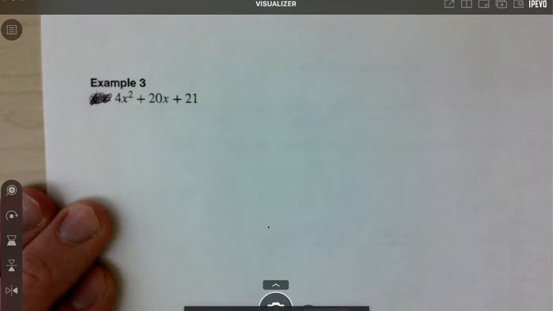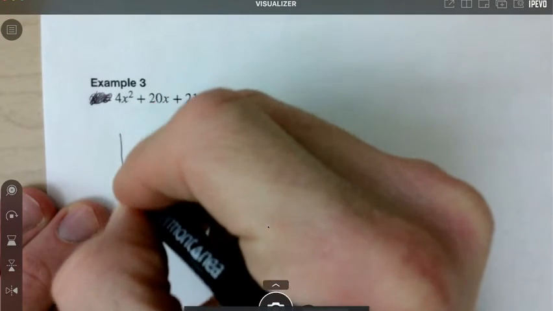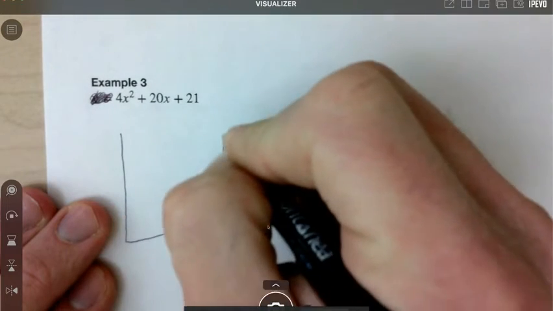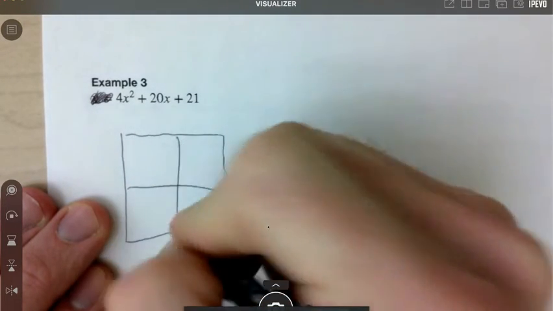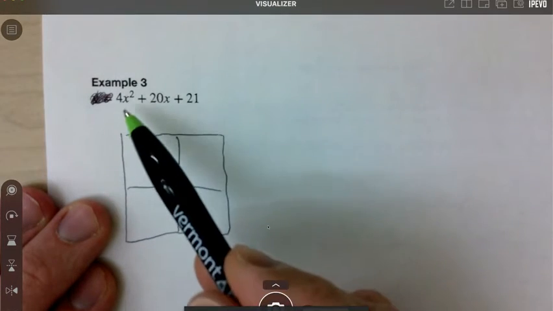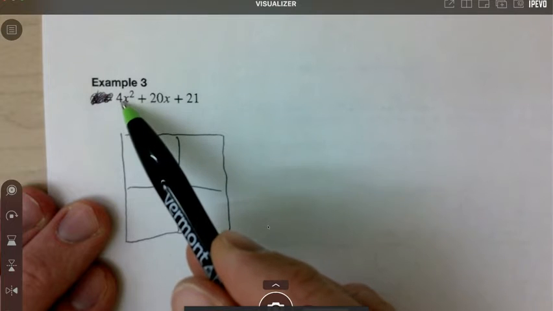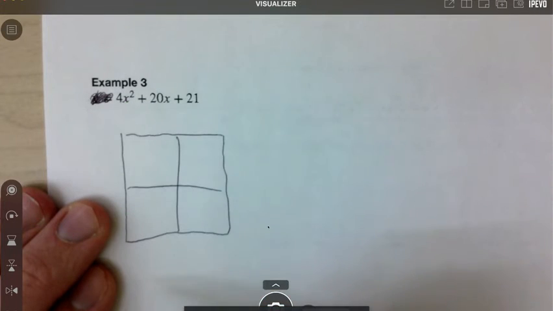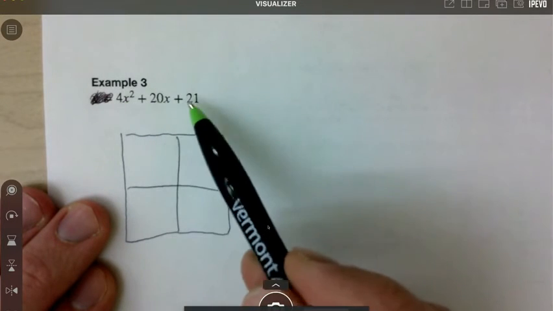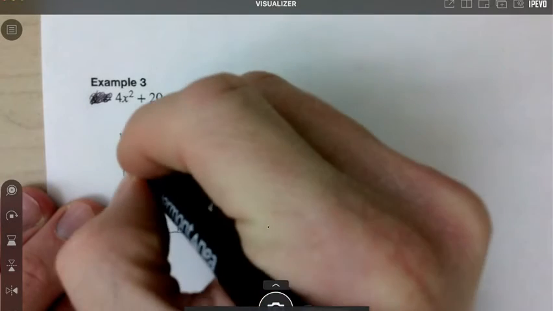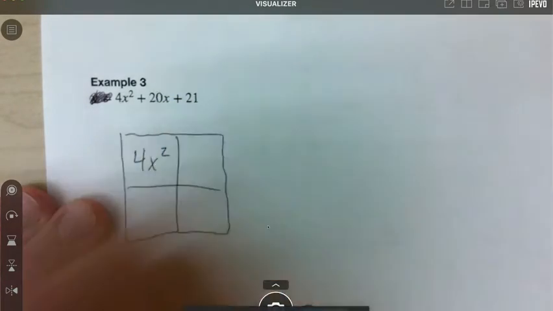With that said, I'm going to take a look at a couple more cases. In this case, once again, I run into the problem that 4 is in front, but not all of these numbers can be divided by 4. 20 can, but 21 can't. So I'm stuck keeping 4x squared again.